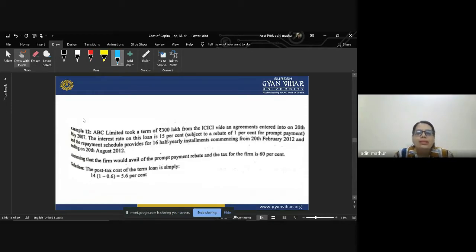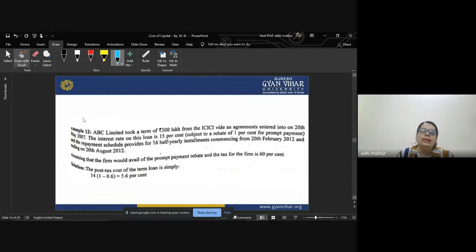And the repayment schedule provides for 16 half yearly installments commencing from 20th February 2012 and ending on 20th August 2012. So they have already decided the payment schedule. Assume the firm will avail of the prompt payment rebate, and the tax rate for the firm is 60%.